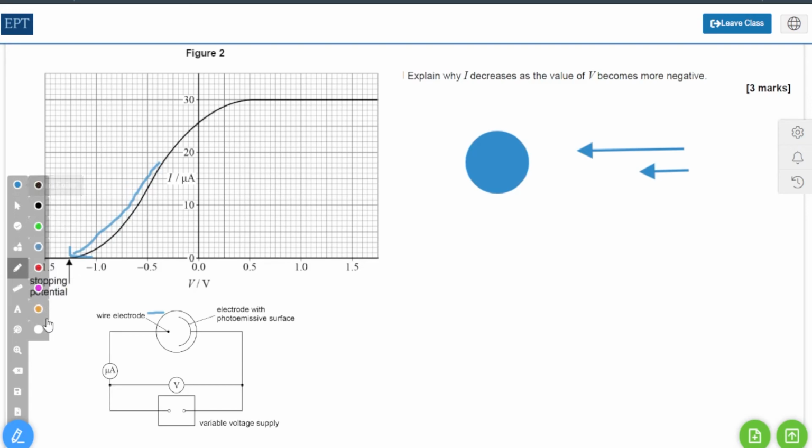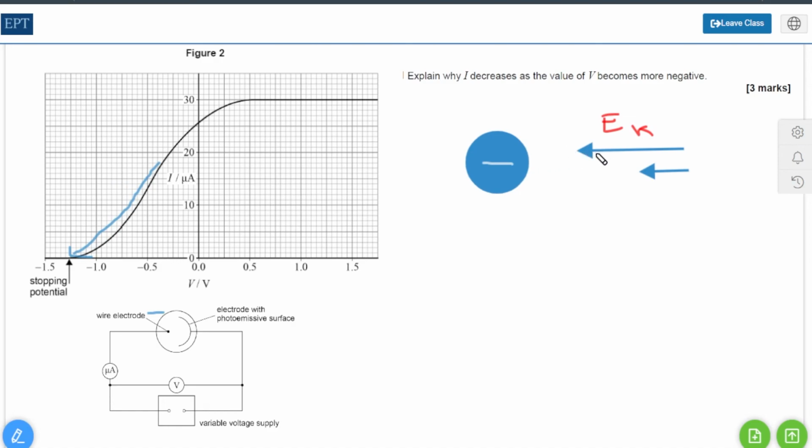So let's represent that by this big blue circle and shove a negative in there because we know it's at a minus potential difference. Now this means that the top of our two photoelectrons, the one that has a lot of kinetic energy, is going to have enough kinetic energy to overcome the repulsive force between the electron itself and the electrode. Therefore, chances are it will actually hit the cathode and contribute to the current.